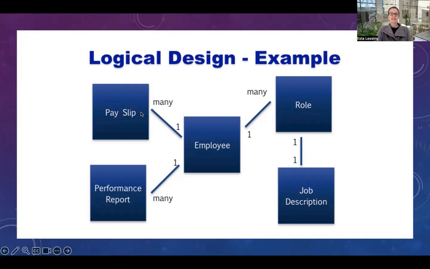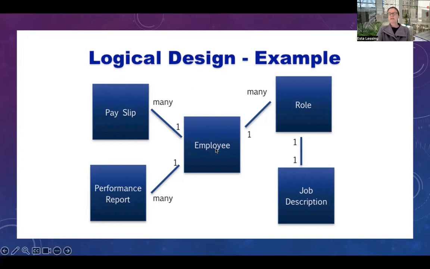So here we can say an employee definitely has a relationship with payslips, because for every one employee, they could have many different payslips in the database that we are designing.